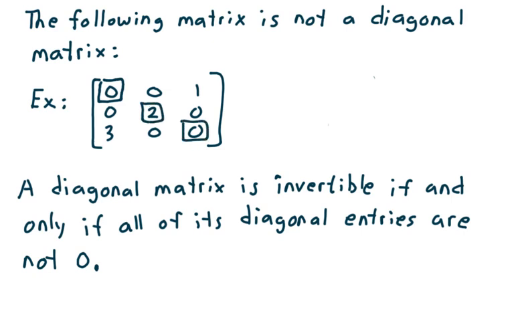But if we look at the entries off the main diagonal, they're not all 0. So notice here's 3 and here's 1. 3 and 1 are entries that are not equal to 0 and they're off the main diagonal. So this is not a diagonal matrix.